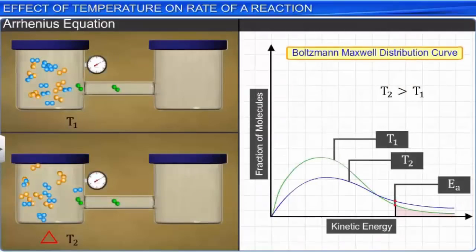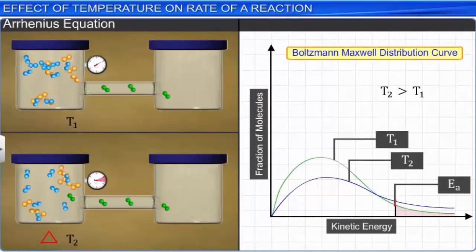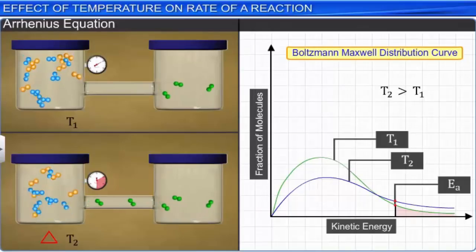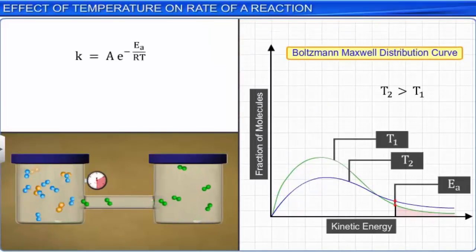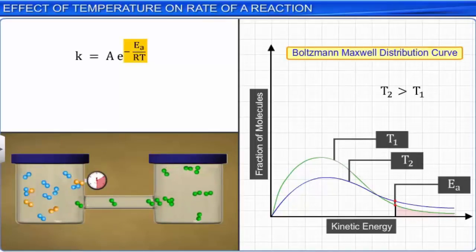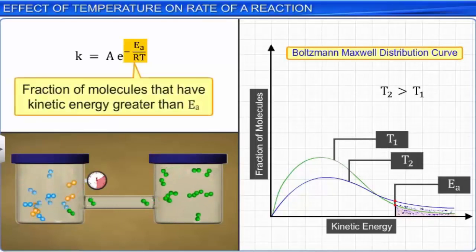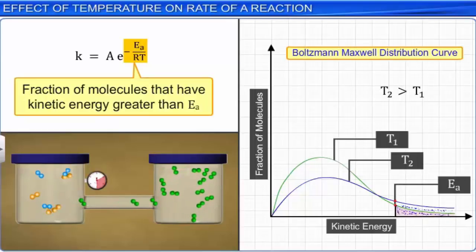Thus, the rate of reaction increases with temperature. In the Arrhenius equation, the factor e to the power minus Ea by RT corresponds to the fraction of molecules that have kinetic energy greater than Ea.